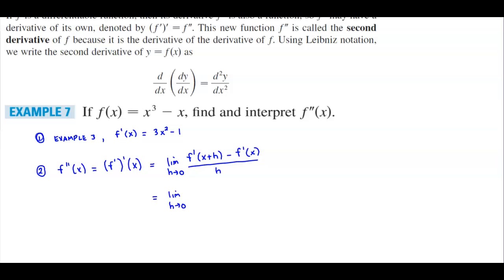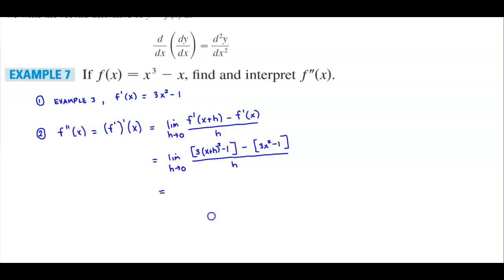So this becomes the limit as h approaches 0, and we're using the function 3x squared minus 1. So it's going to be 3, and we're plugging in x plus h, squaring that, minus 1. And then we subtract f prime of x, which is 3x squared minus 1, divided by h.